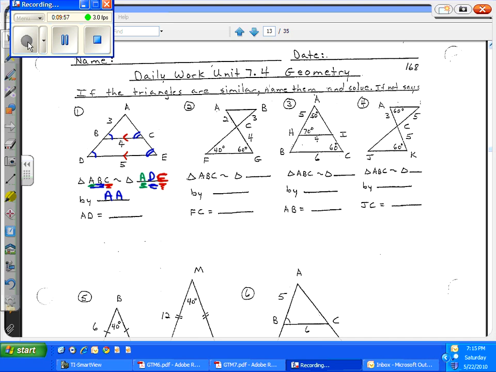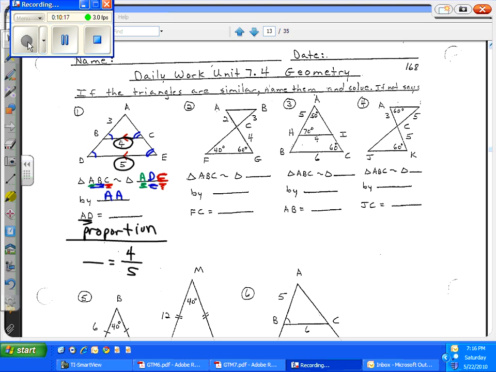Now, we're going to use a proportion. The pair we know both of is bottom of little to bottom of big. So we're going to put bottom of little to bottom of big. And then we want to find AD.